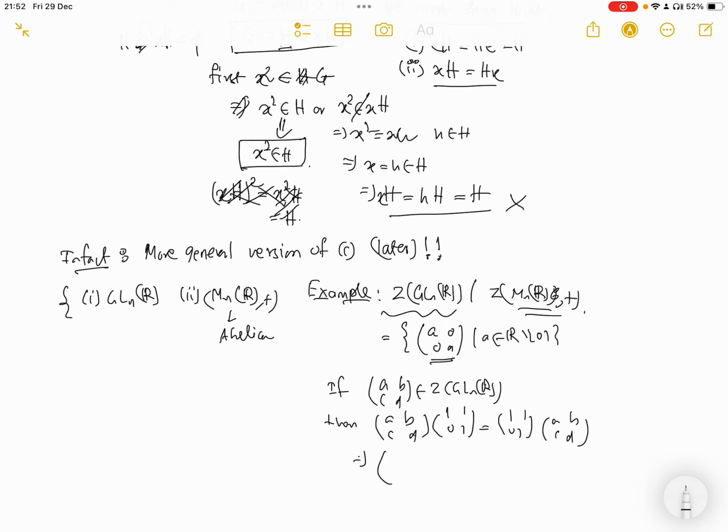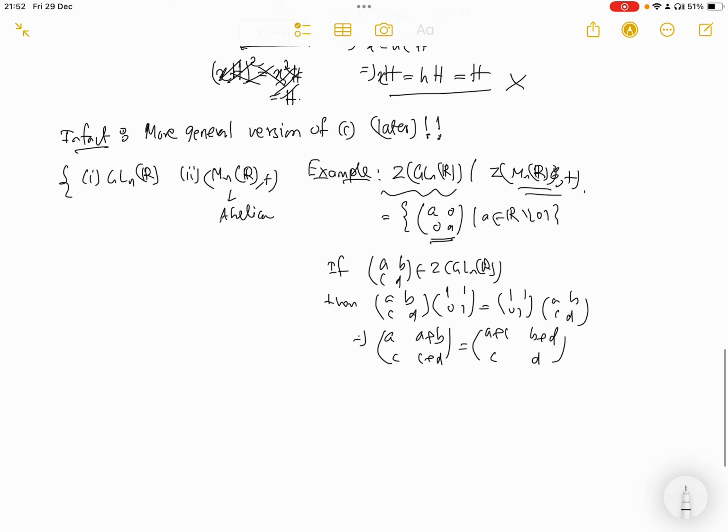And if you just multiply, you get A, A plus B, C, C plus D, and on the other side you get A plus C, B plus D, C and D. So just compare them and you get C is 0, A is D.